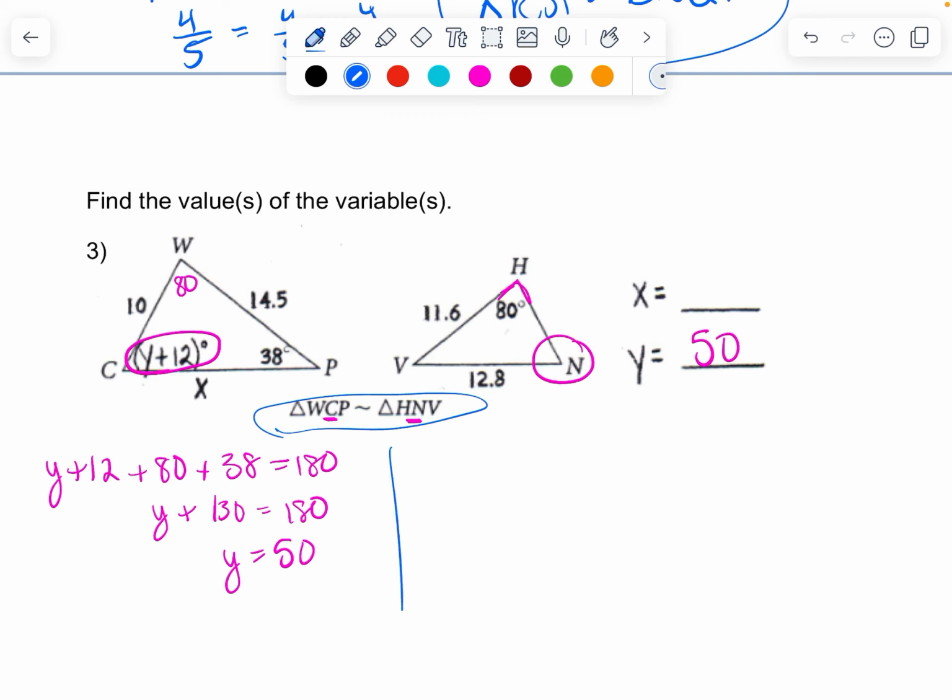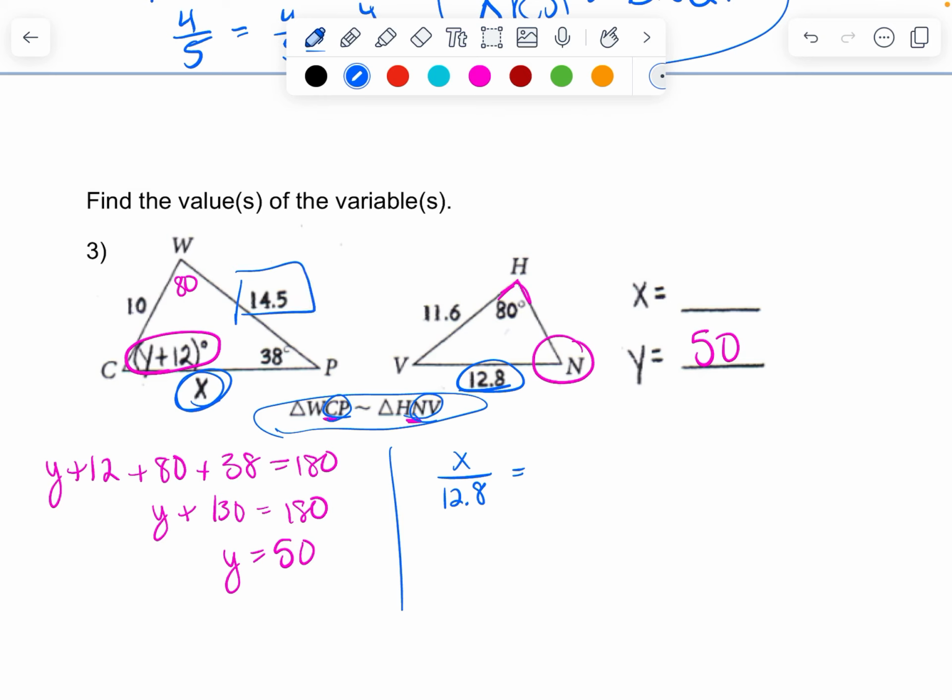Then with the sides, their sides are proportional. So X is CP. CP is going to go with NV. So I'm going to go X over 12.8 equals, right? And then now I have to match up another side.